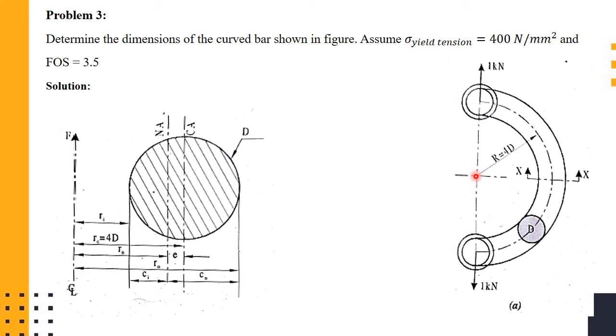And this one is the center of curvature of the curved bar. This is the center of curvature, and also you can note in the same center of curvature line itself, the load is also acting. So there will be one line which will indicate the center line of curvature as well as the load line.